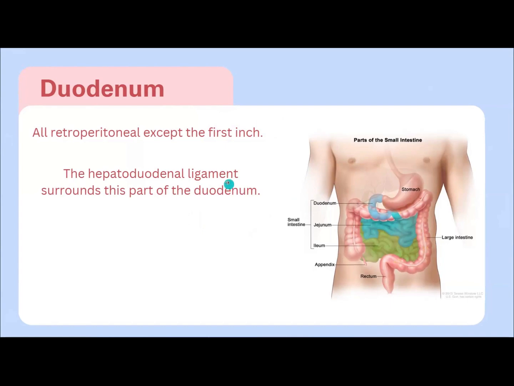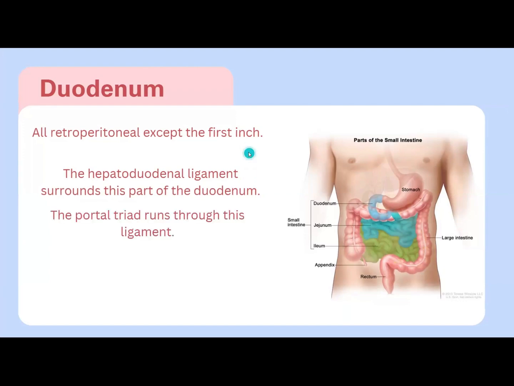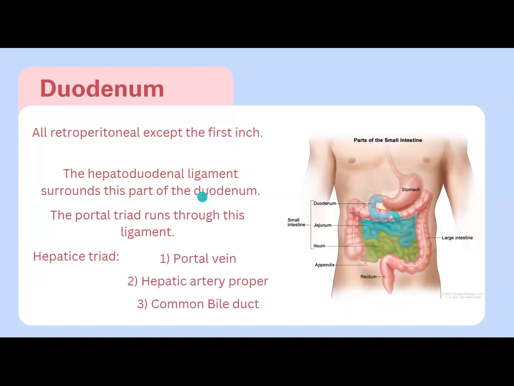What are the three structures that make it up? Exactly. The hepatic triad is made up of the portal vein, the hepatic artery, and the common bile duct.